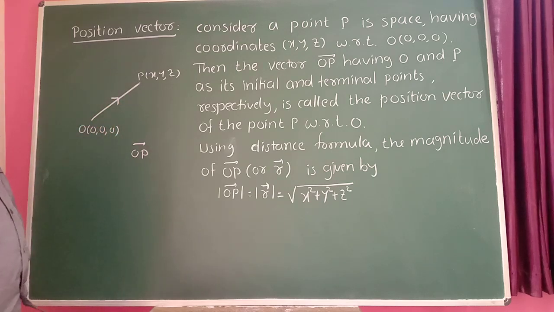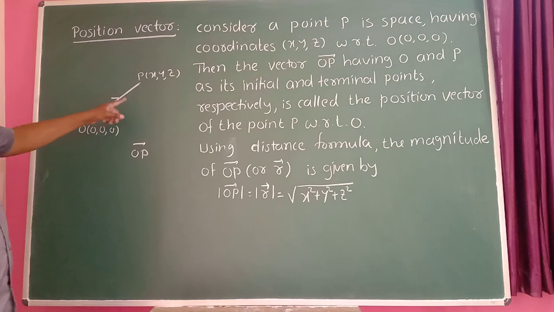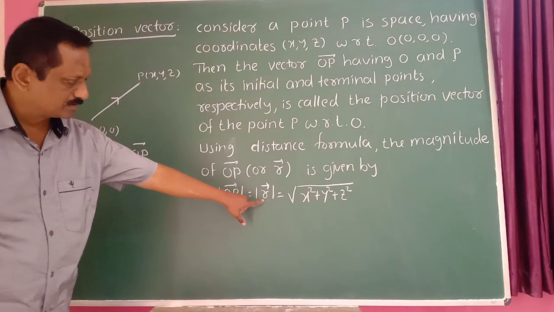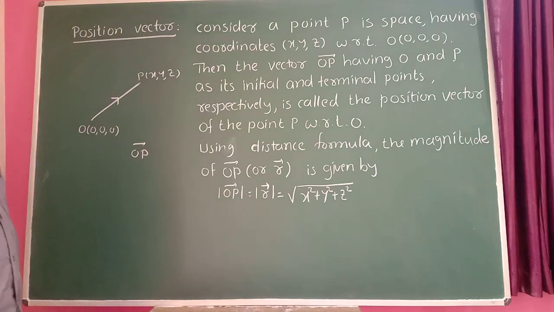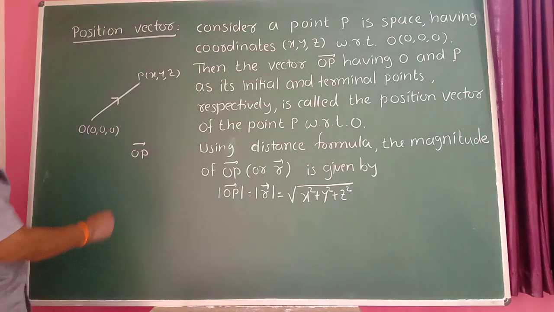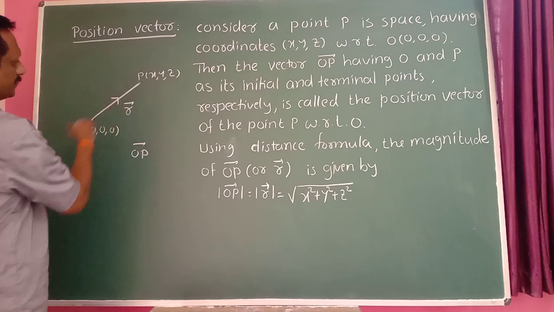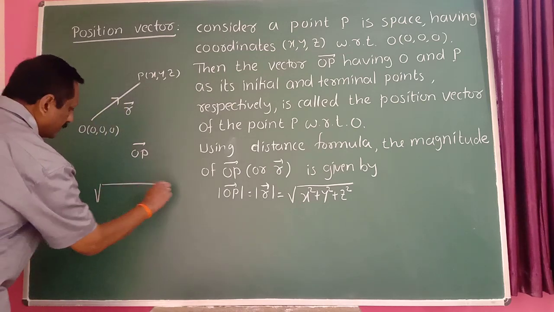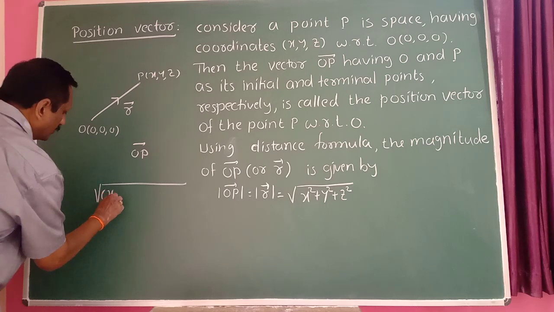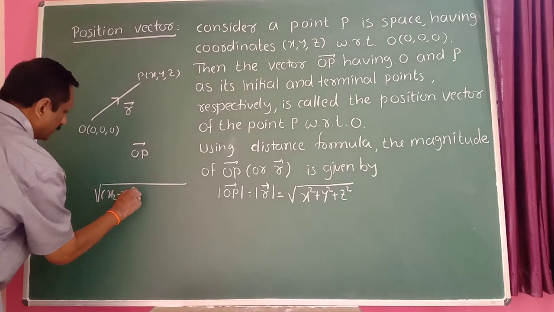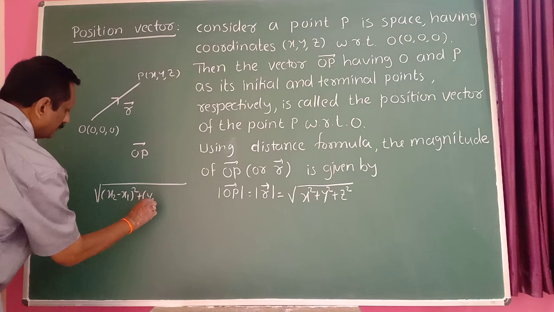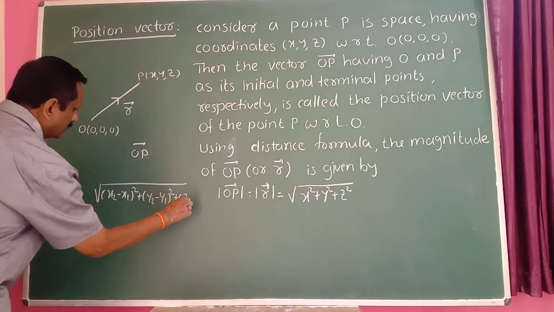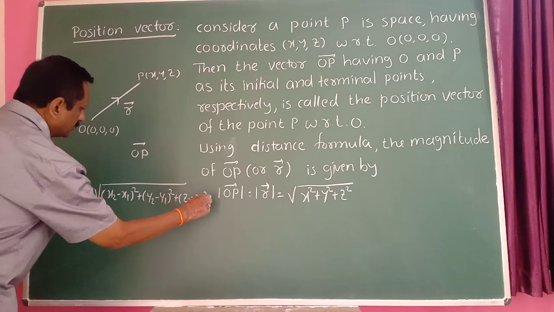Using the distance formula, the magnitude of OP bar, modulus of OP bar, equal to modulus of r bar, equals root of x square plus y square plus z square. Sometimes we write it as r bar also. You know the distance formula: root of x2 minus x1 whole square plus y2 minus y1 whole square plus z2 minus z1 whole square.